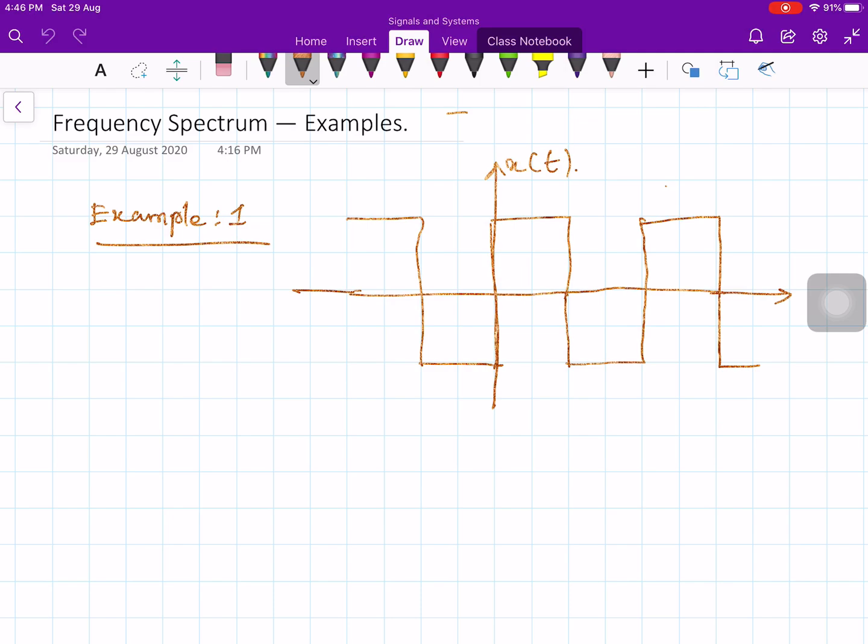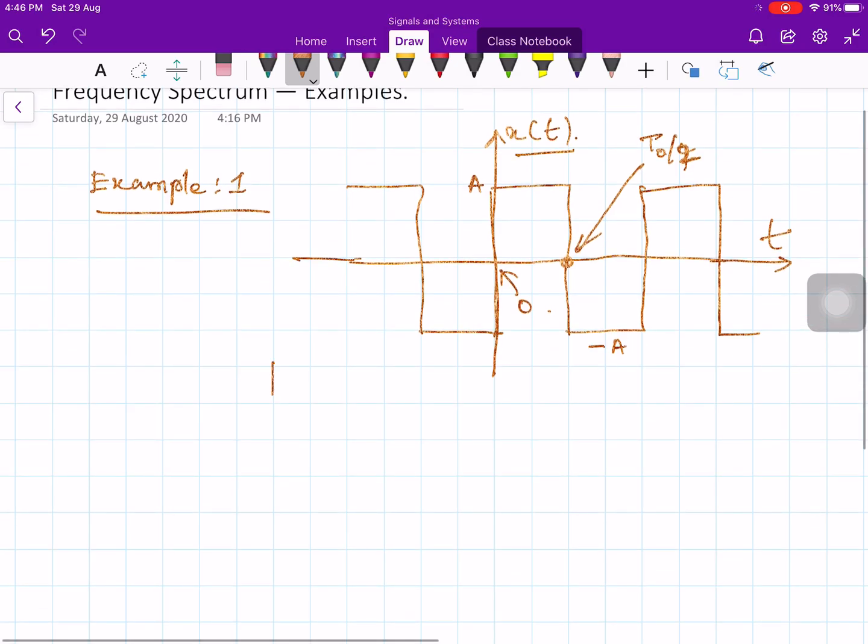Suppose I take this waveform x of t, and its value is plus a and minus a, and this point is t naught by 4, and this is t naught by 2, and this is the origin and time t. Okay, let me consider another waveform. It is a time shifted waveform of that one.